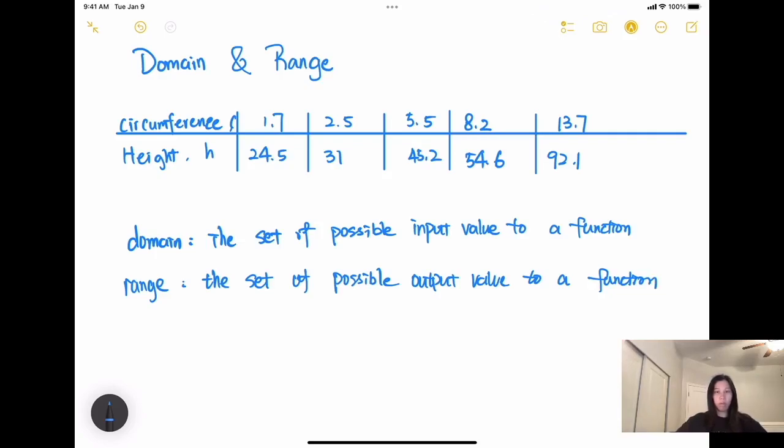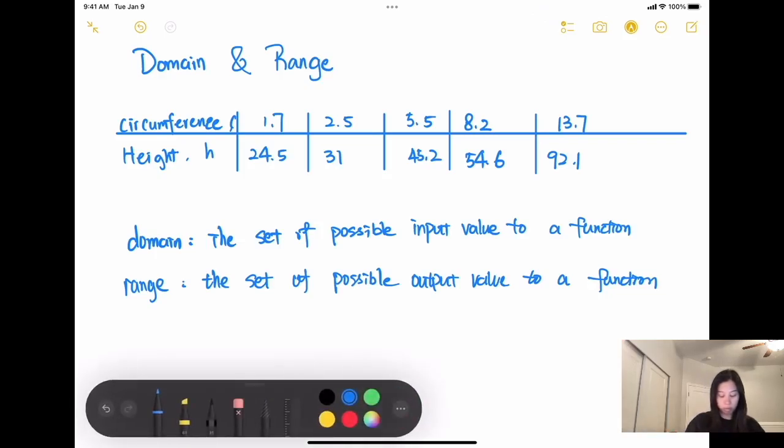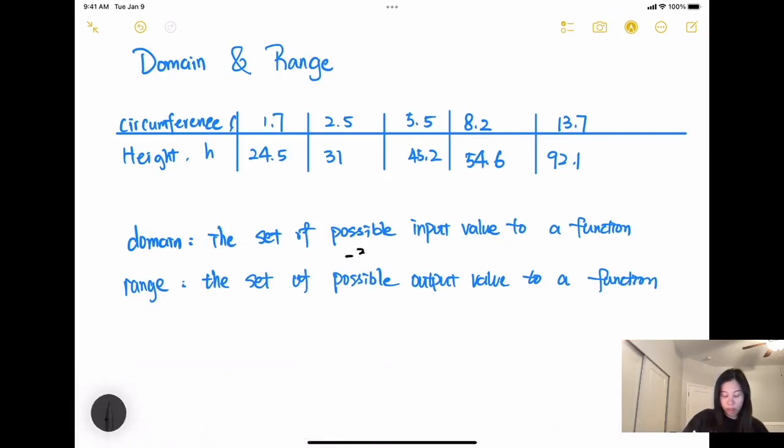When it comes to the domain, it represents the set of possible input values. As in the previous example, it's ridiculous for us to say negative 3 is in the domain, because you can't have a negative 3 feet circumference of a tree.